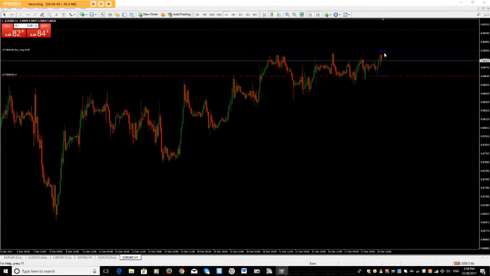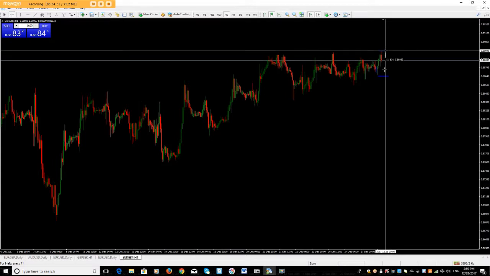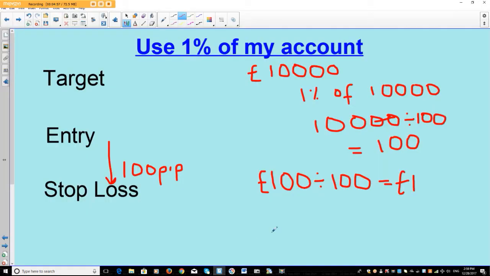Okay, guys, so basically we've set that up. We realize that this here is 30 pips. Remember we said that we're looking to risk 100 pounds.